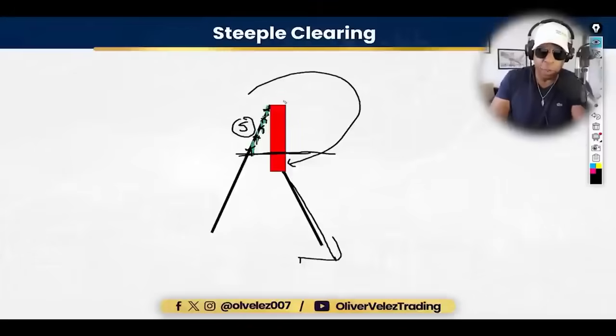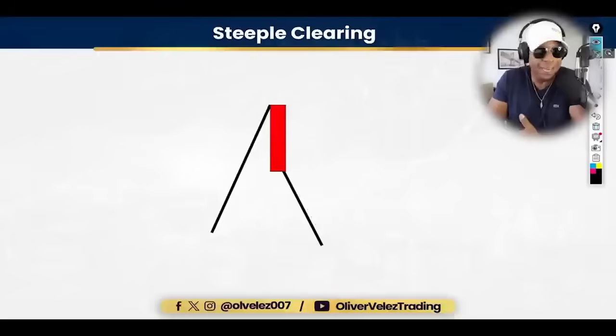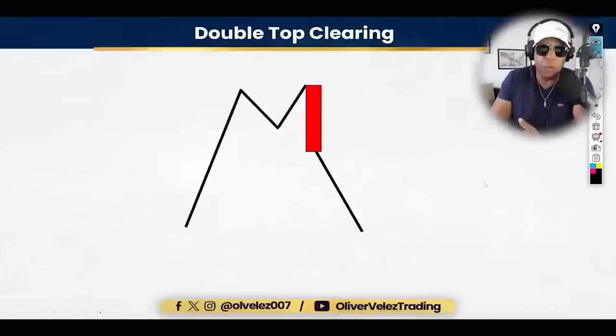Okay? So here's the steeple version of it where you break 5. I want you to keep this number. You're breaking 5 bars to the left or more. It's 5 plus. It's not just 5. Sometimes that bar breaks 10, 12, 20, but minimum 5. Now let's go to the next one where you have a double top clearing elephant. Boom.